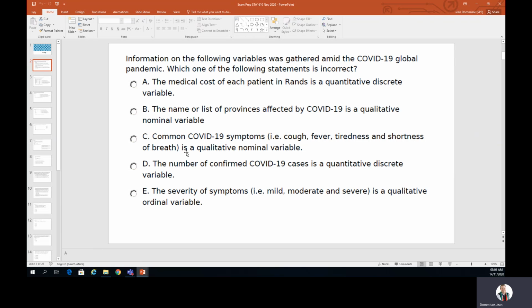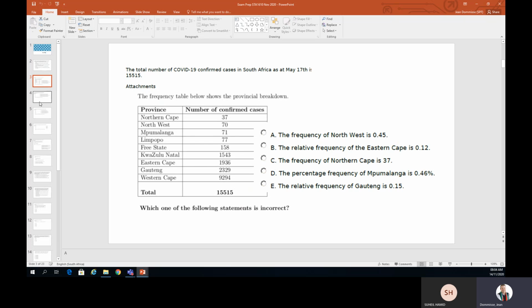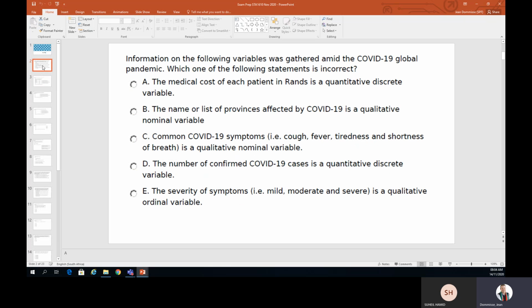Okay, so as we know, the first few questions will be around variables. The first question that I'm looking at from the mock exam is study unit 1, and you will see that study unit 1 will be basically that question.